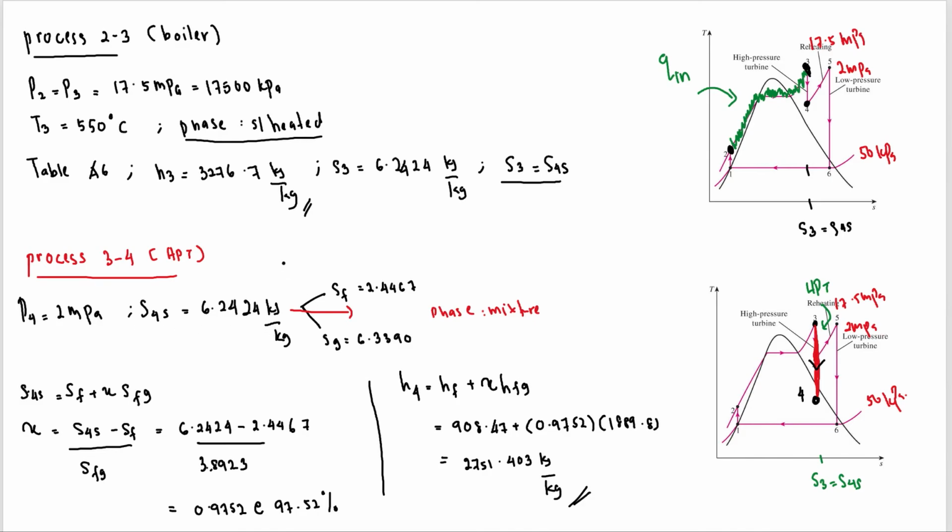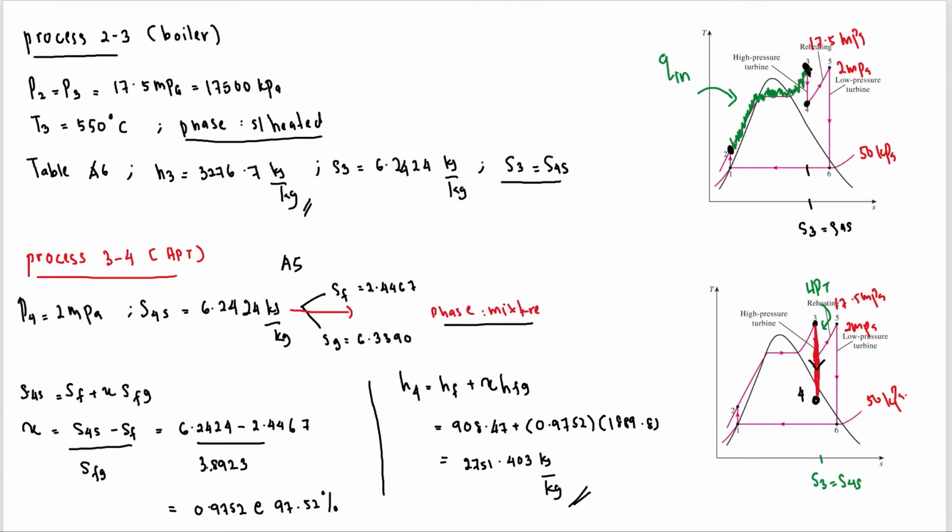So I refer to table A5 and check the value at 2 megapascal, or 2000 kilopascal. I check s_f and s_g and I find out that s4s is in between these two values, which means it is in the mixture.